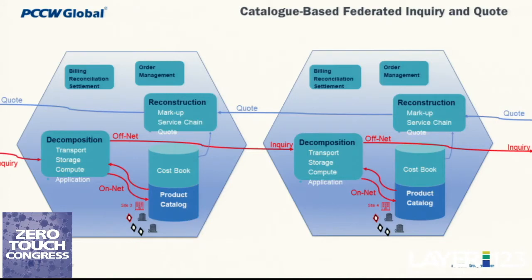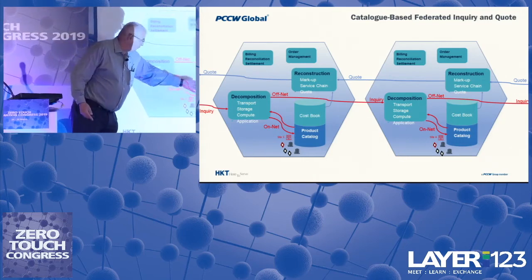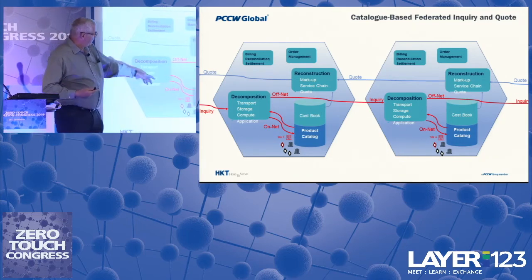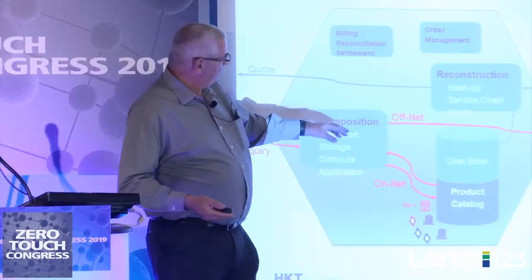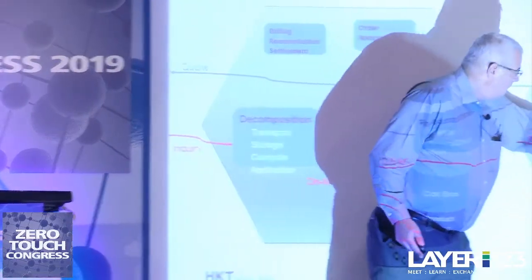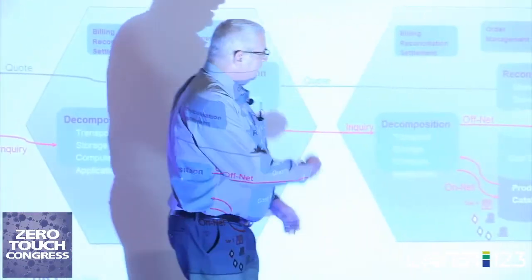How does that actually work? Let's take two carriers and see how a quote works. There is an inquiry coming in, and there is some sort of decomposition of the requirement. We identify what is served in-house through our own catalog, and the catalog responds with either yes or no. Whatever we cannot deliver on our own network, we simply hand off to the next catalog, operated by the other carrier, and this can go on ad infinitum.